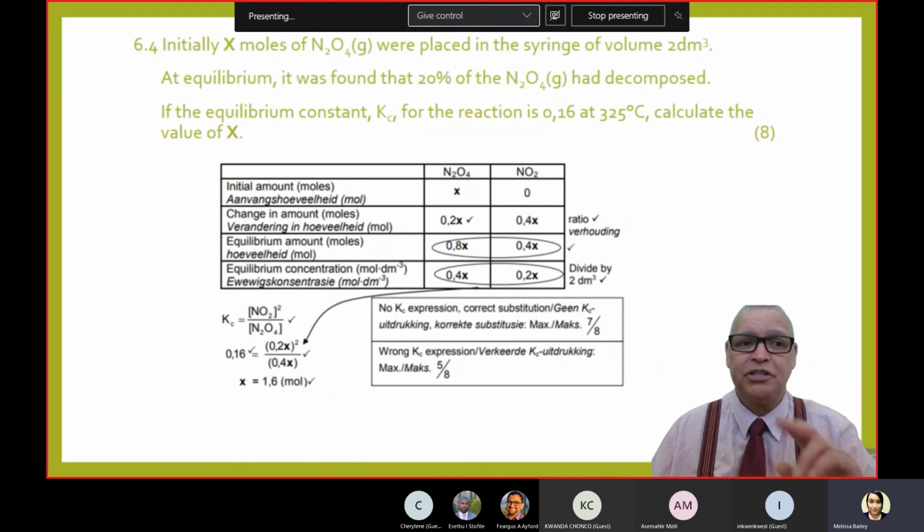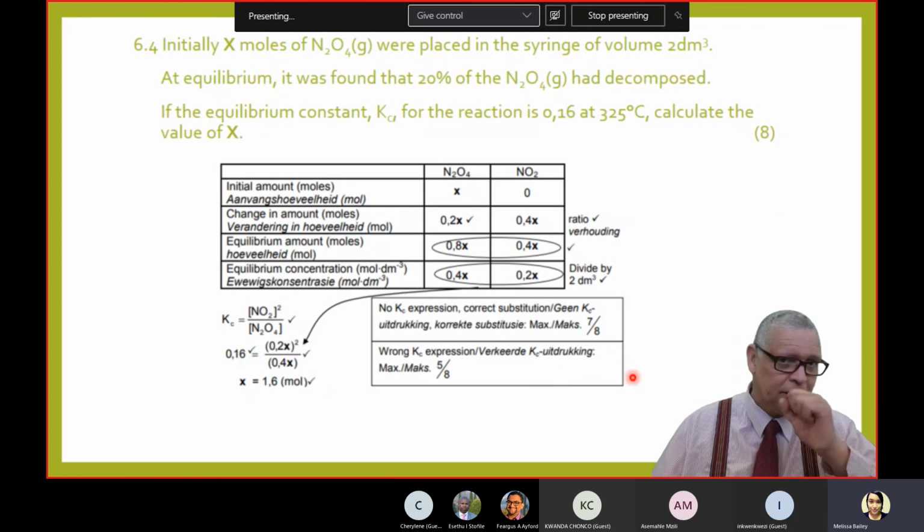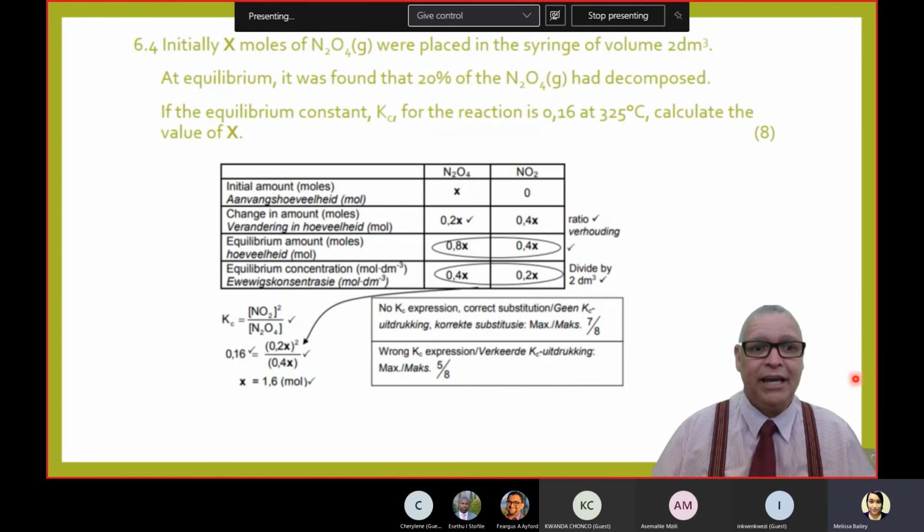In connection with this rice table, notice it's also very important here now to put on the side of the rice table that you are working with the mole ratio. You get a mark for that. Do you notice that? Very important. You must write that there, the mole ratio concept. In other words, this sensitive part of the table actually revolves around that. And then to find your concentration, you divide by 2 cubic decimeters.